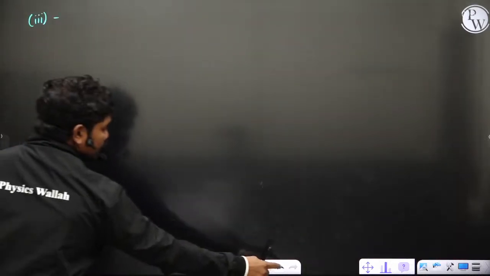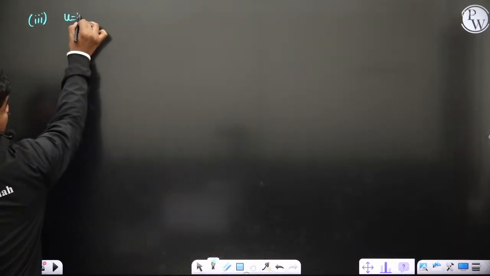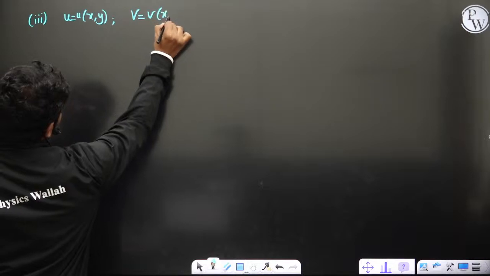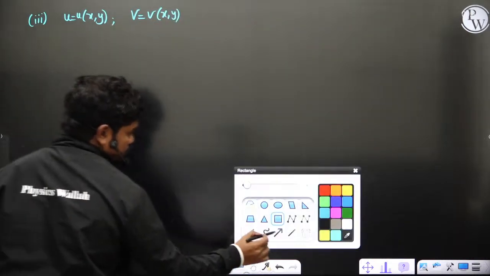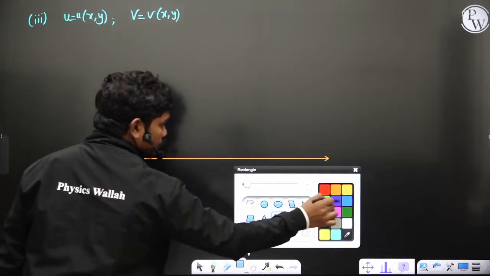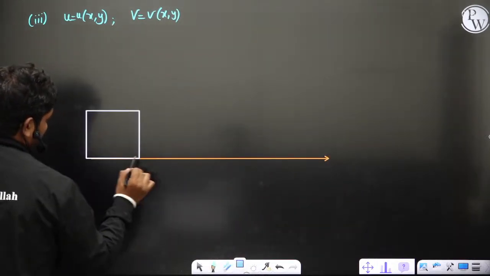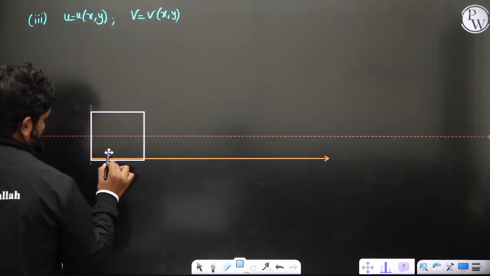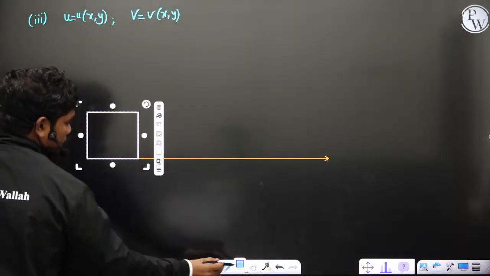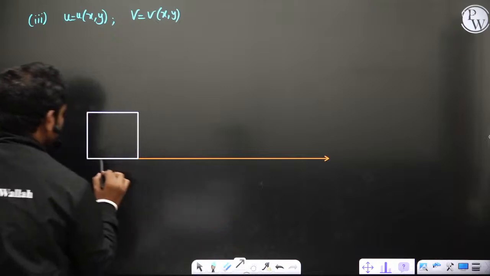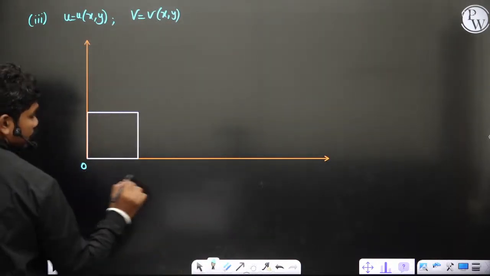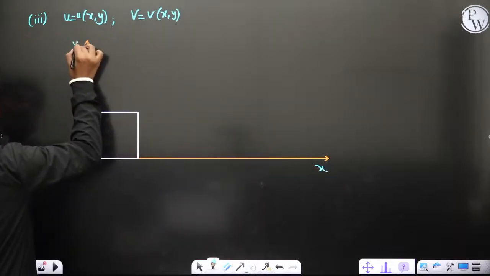So now let us see the case where u is a function of x comma y and v is also a function of x comma y. Okay, fine. So you can see the origin x, y.